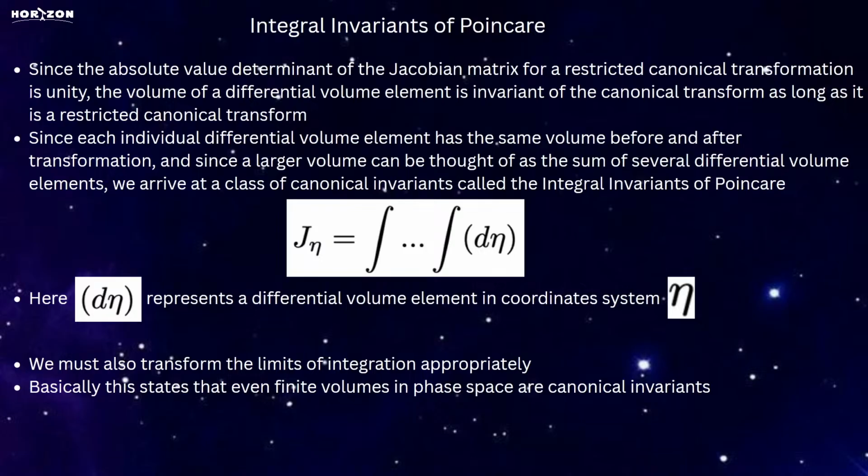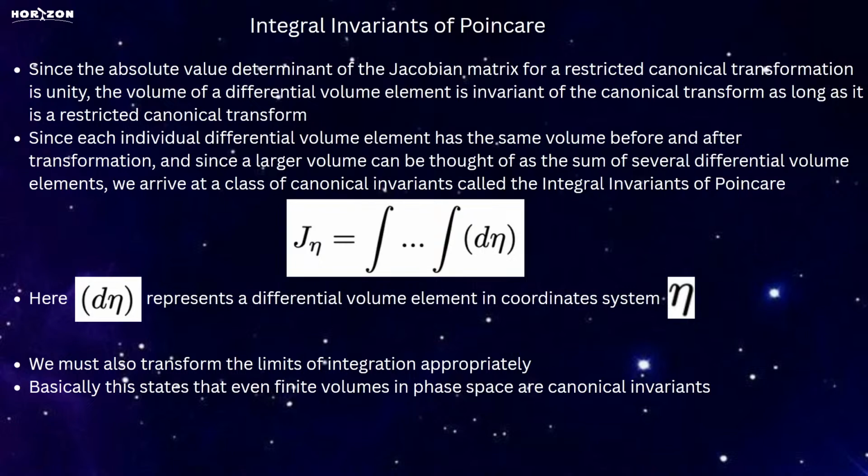Also, we have earlier said that the absolute value of the determinant of the Jacobian is 1 in a symplectic transformation. So the differential volume element is invariant under canonical transformations as long as it is a restricted canonical transformation.